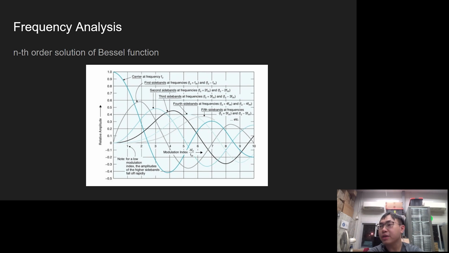J means the nth order solution of the Bessel function. If you analyze the FM modulated wave with Fourier transform, you can separate the different frequencies out, which looks a bit like this. You see different sine waves combined together.